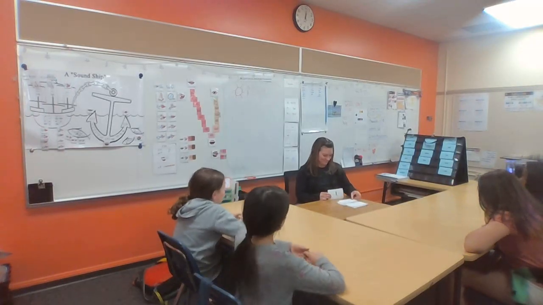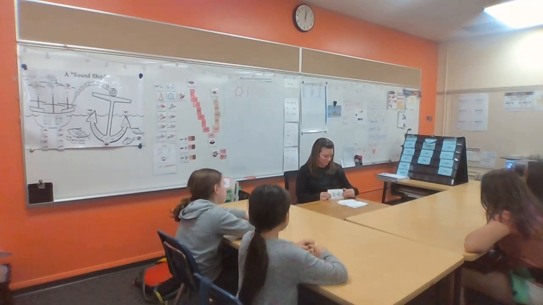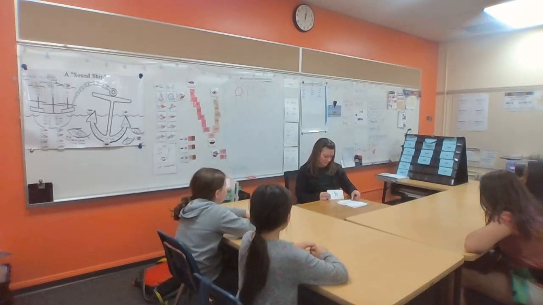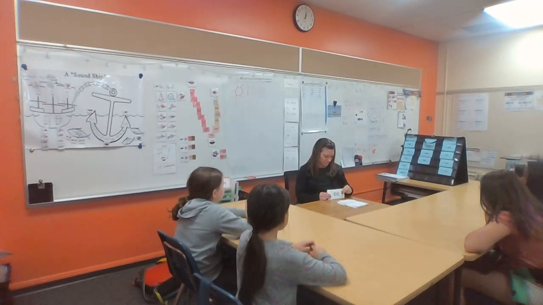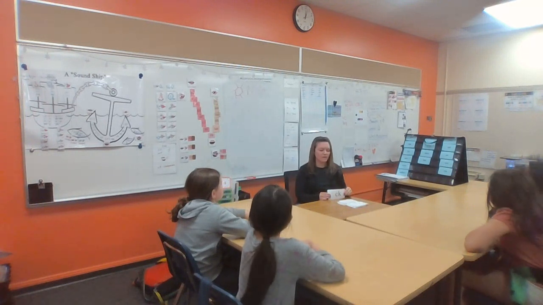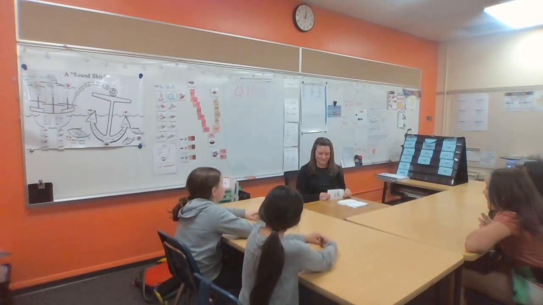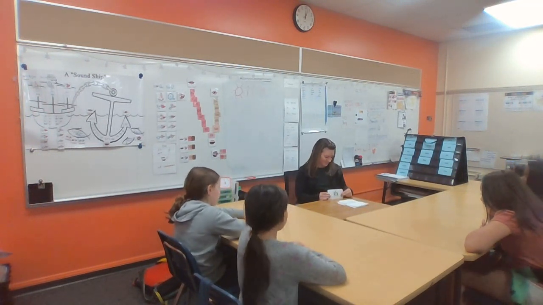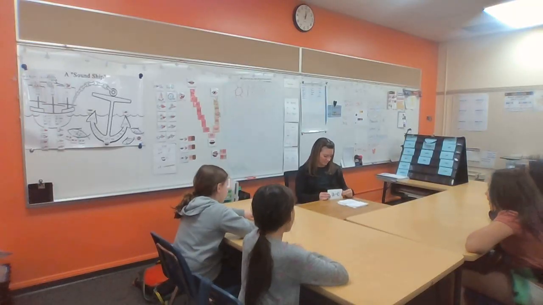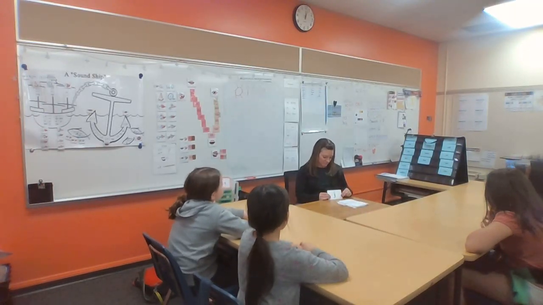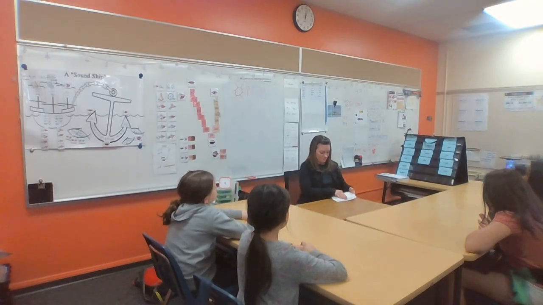U. T. Digraph E consonant E. H. O consonant E. O. Digraph E. Digraph C-A. Everyone do that again. Digraph C-K. Digraph T-H. A consonant E. J. Okay, that's the song.